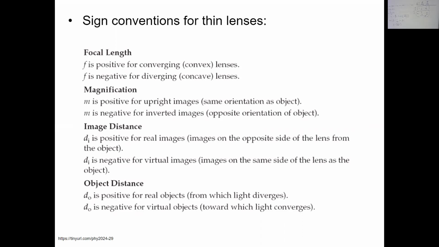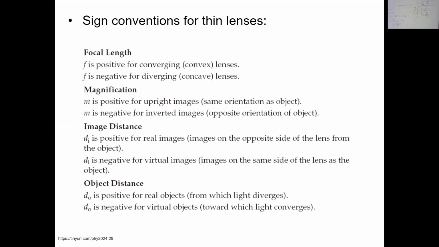On the other hand, F is negative for a concave lens, and F is negative for a convex mirror. All right. Magnification is positive for an upright image. Magnification is negative for an inverted image. Image distance is positive for a real image and negative for a virtual image.